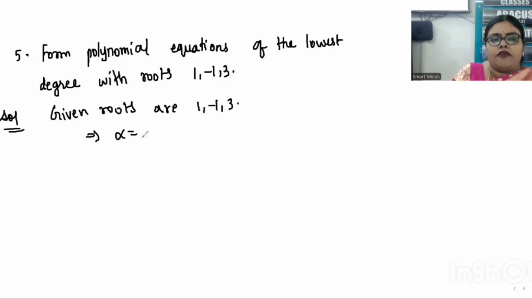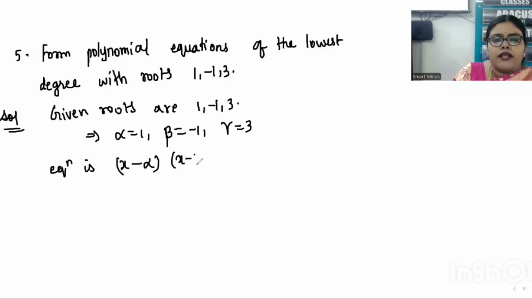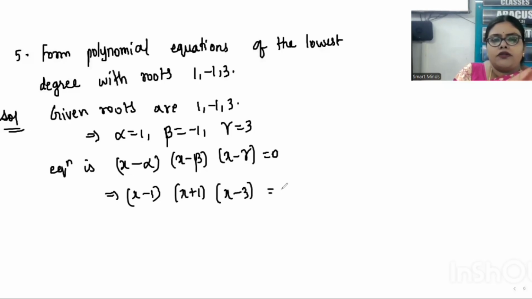That means alpha is 1, beta is minus 1, gamma is 3. Now what is the equation? Equation is x minus alpha into x minus beta into x minus gamma is 0. So that is x minus 1 into x plus 1 into x minus 3 is equal to 0.